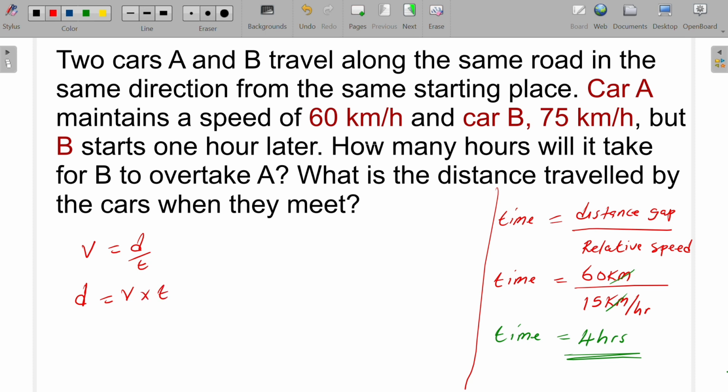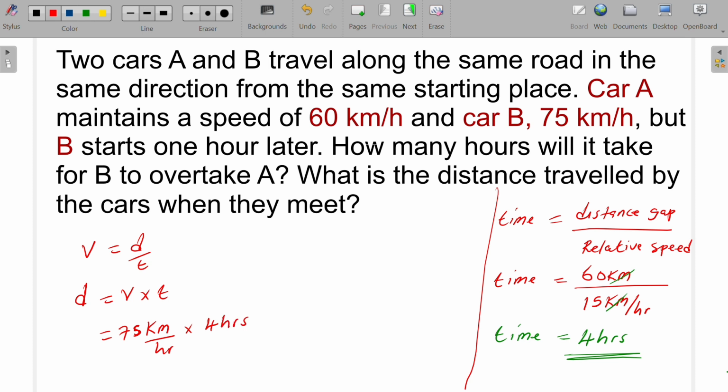We can use car A or car B to find this distance. So let's use car B. B has a speed of 75 kilometers per hour, and this is multiplied by the time taken that we have calculated, so multiplied by 4 hours.